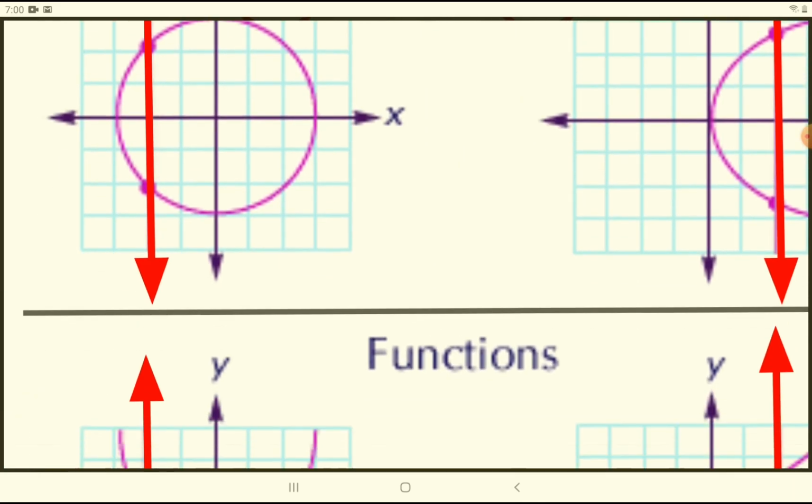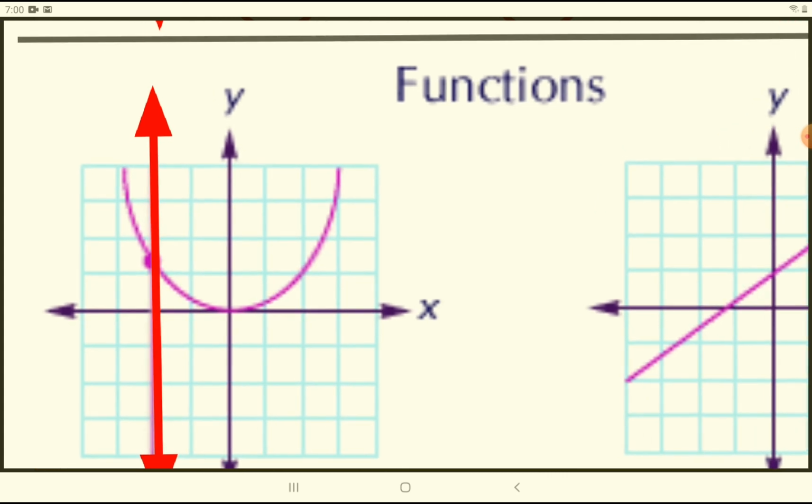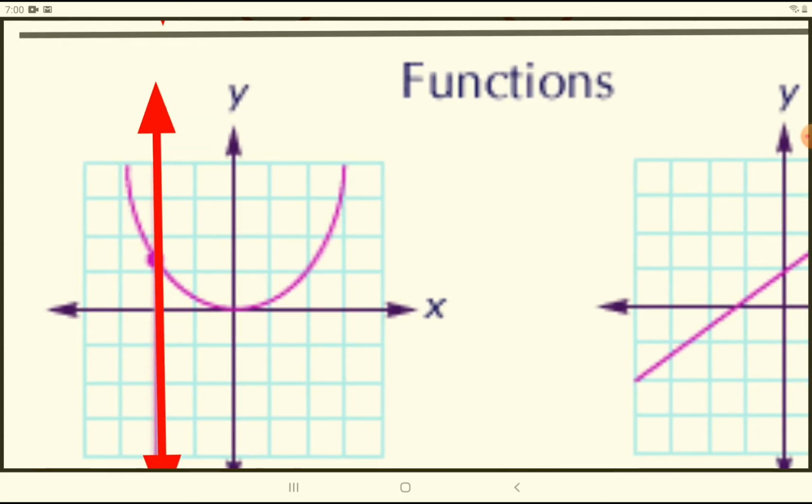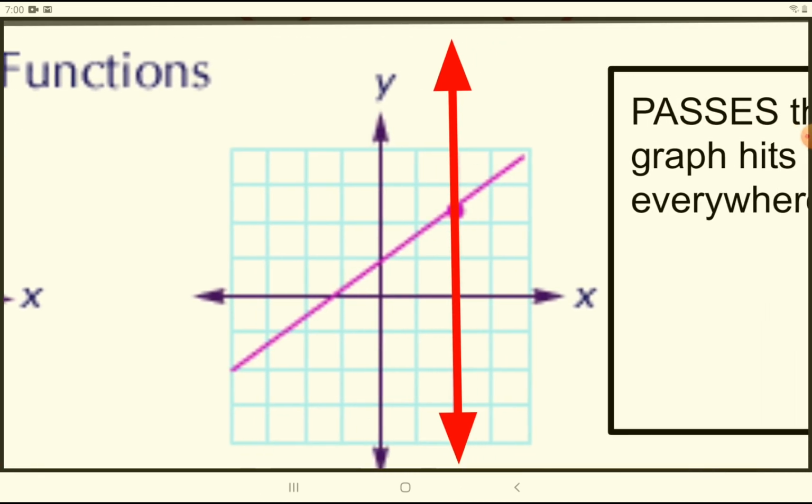Notice down here. Everywhere you scan that red line, the graph is only going to hit it one time. So imagine that red line just scanning like a barcode, scan it from left to right. That graph, that parabola, the purple, is only going to hit that red line once, no matter what. Same thing here.